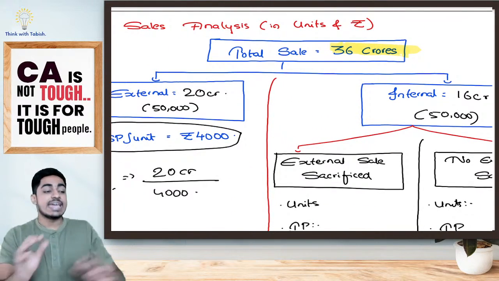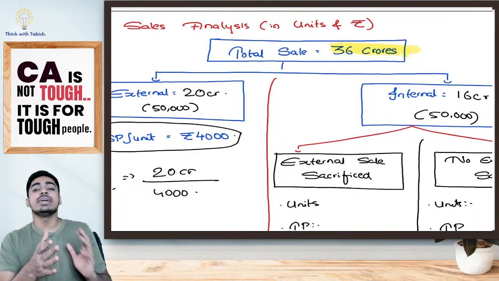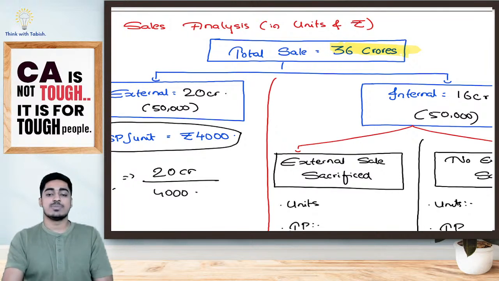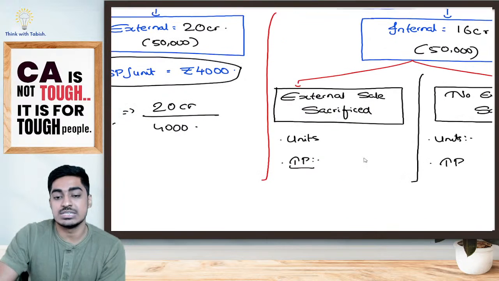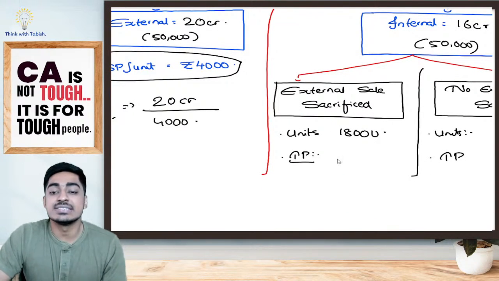I had an external demand of 68,000 units, but because I am making my internal transfer for 18,000 units, I could not make my external sale. For 18,000 units, I am sacrificing my external sales.